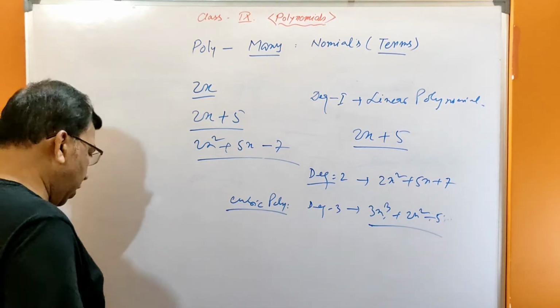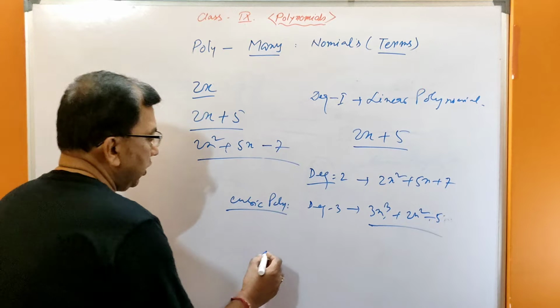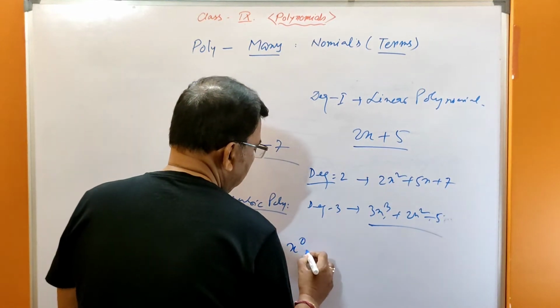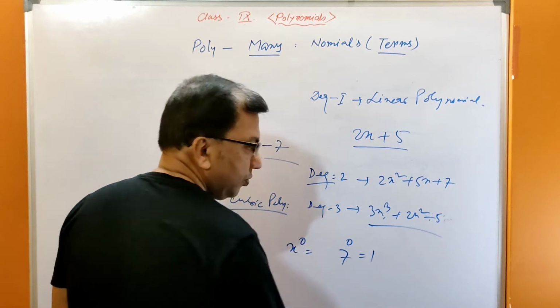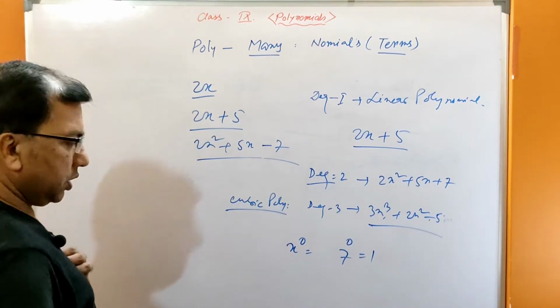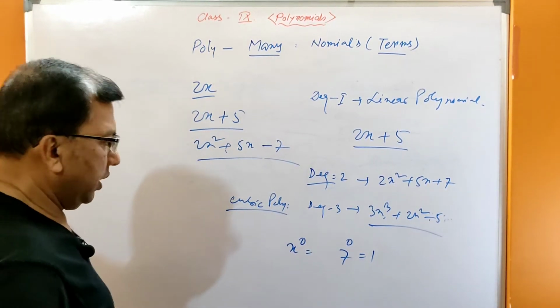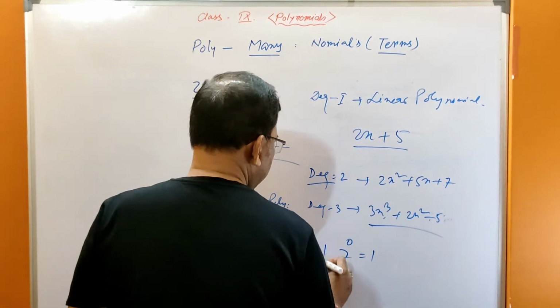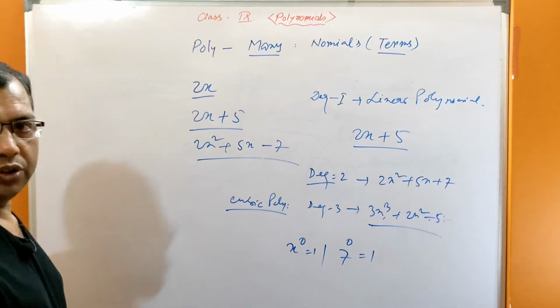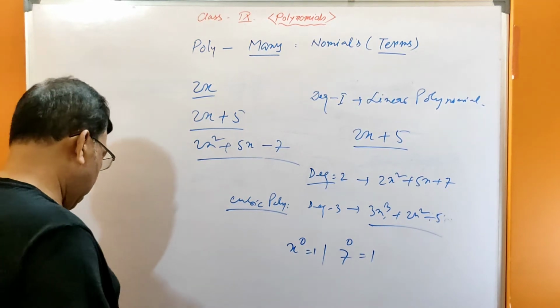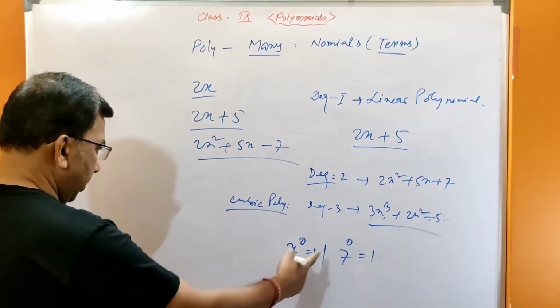Zero polynomial means degree 0. That is the constant polynomial. Suppose 7 has degree 0, because 7 to the power 0 equals 1. x to the power 0 is 1. So degree 0 means a constant polynomial.